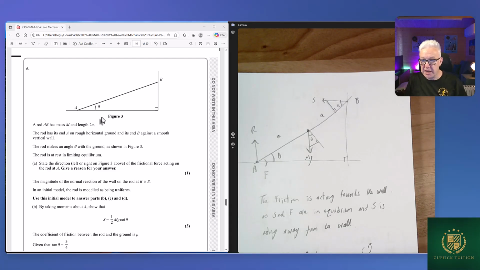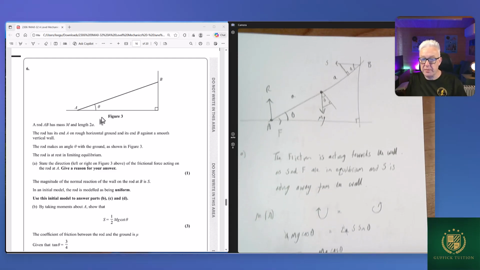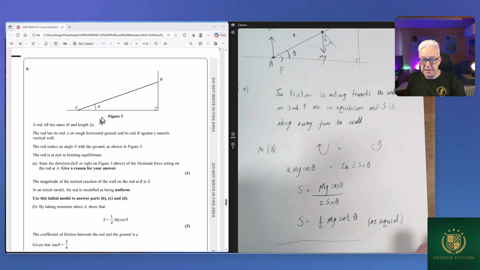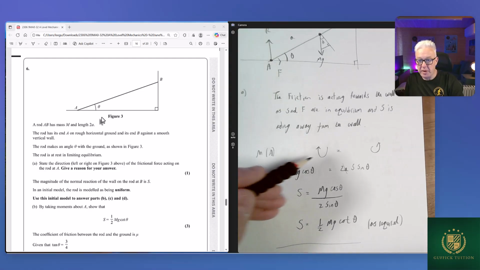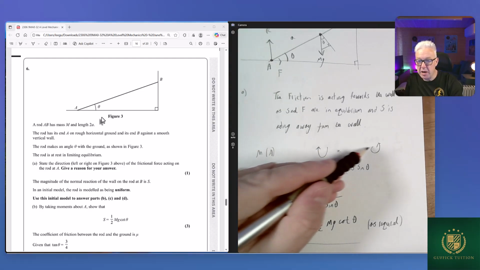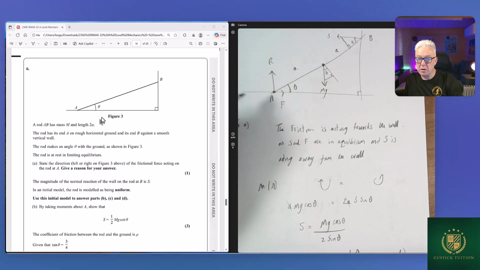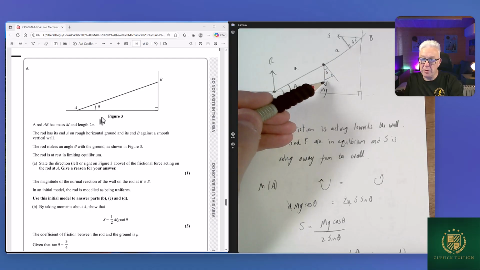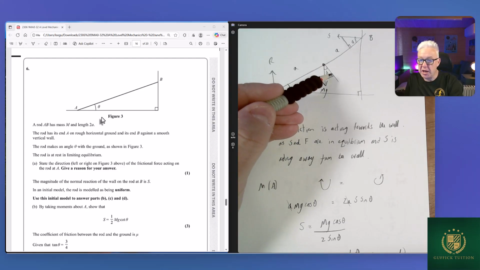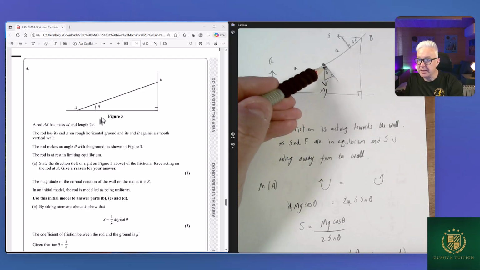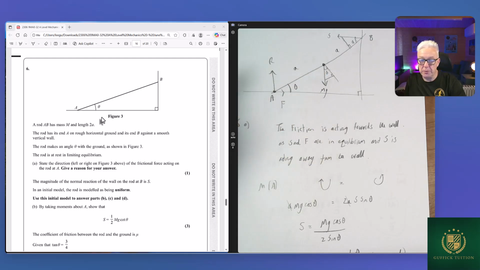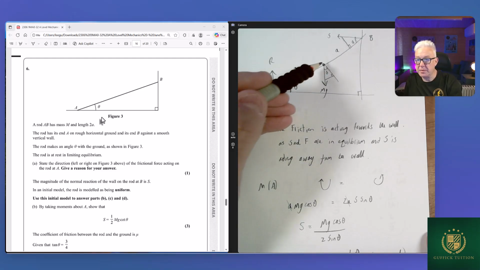So we're ready now to take moments about A, as the question's recommending that we should do. So let's take moments about A. And I've put that my clockwise turning moments are going to equal my anti-clockwise turning moments because we're in equilibrium. So what have we got going clockwise? Clockwise, we've got the component of the weight, which is going to be mg cos theta, because this side is the adjacent in this triangle. And it's going to be times the distance.